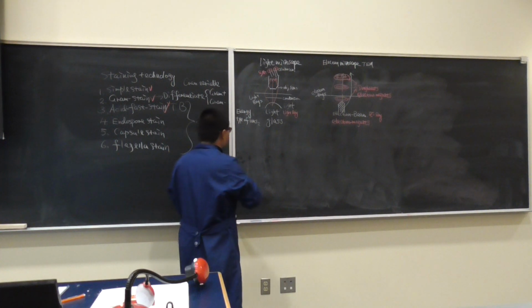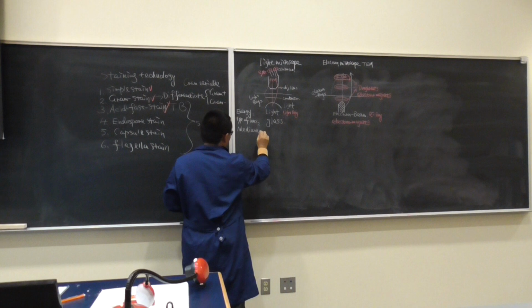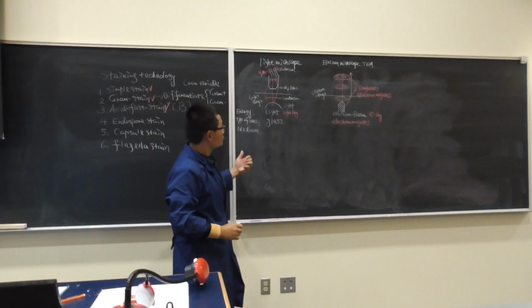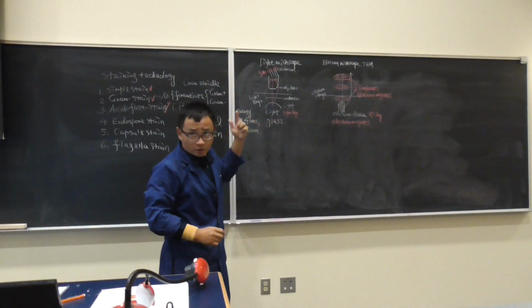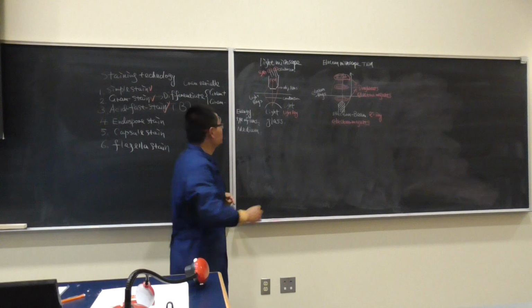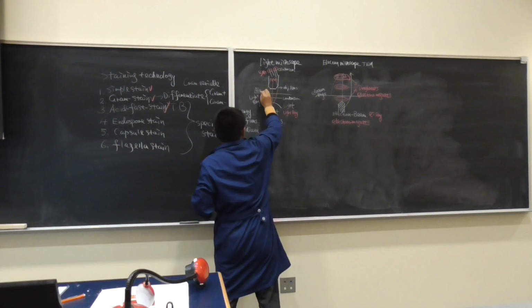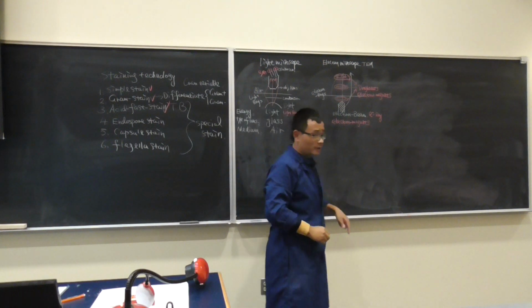Now, we want to talk about the medium. Light field microscope, we talk about light reflection. So, you have a glass. What's the medium between them? It is air. So it's easy to understand, it's air. How about the electron microscope?